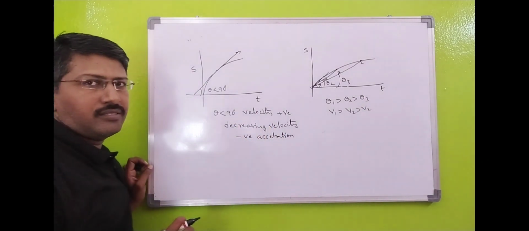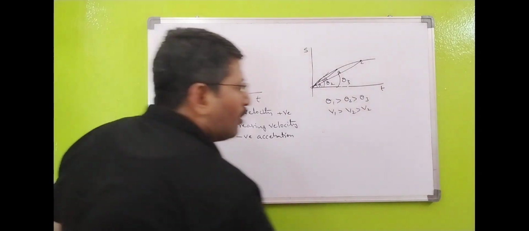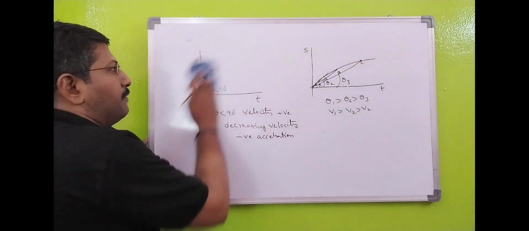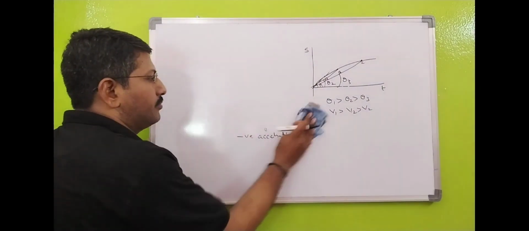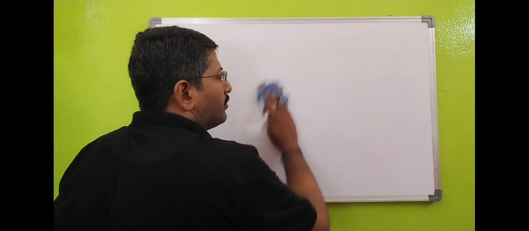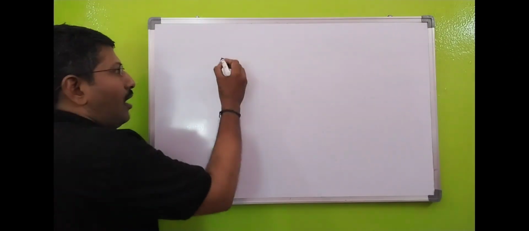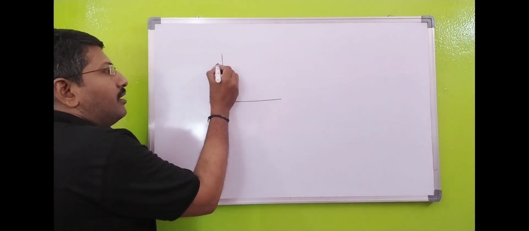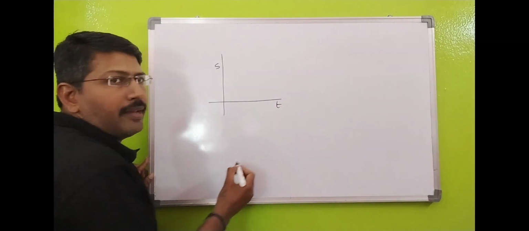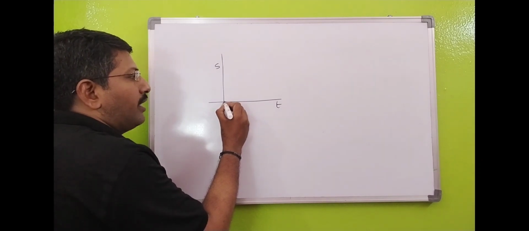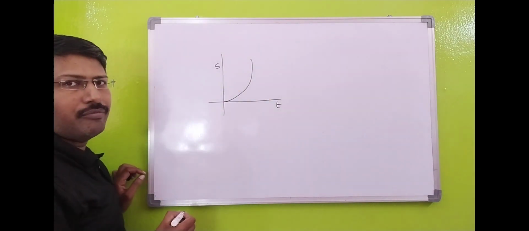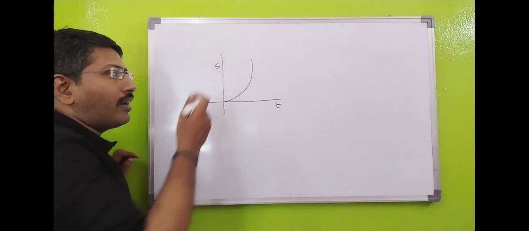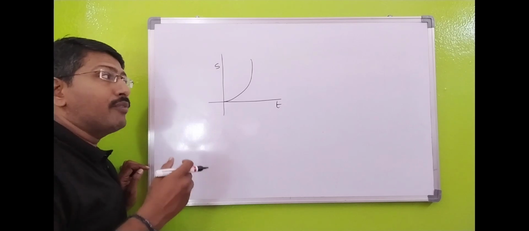Okay, I will give one more example based on graphs like this. See here. I take one more graph like this. This is the displacement, this is the time. If anybody asks a question about this graph, they are asking what is the velocity, is this velocity increasing or decreasing, and what about acceleration.